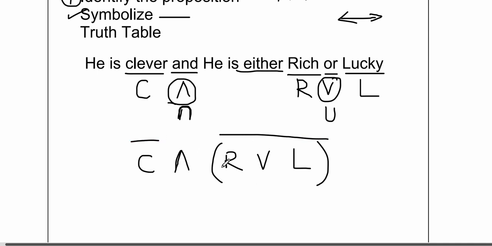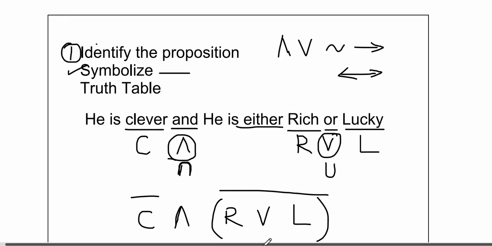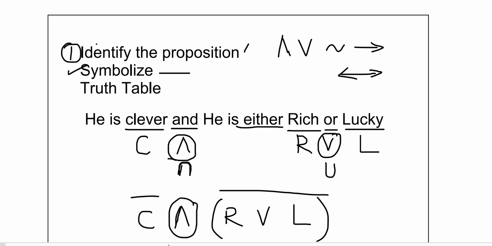Now what is connecting both of them is the and symbol. This is the conjunction symbol. So here the identity of the proposition would be a conjunction proposition, because this is the most dominant connective.